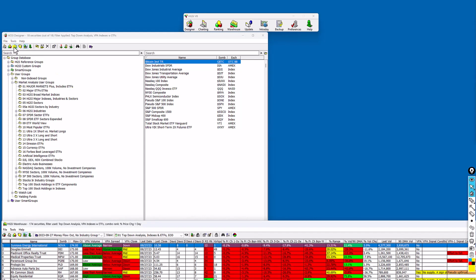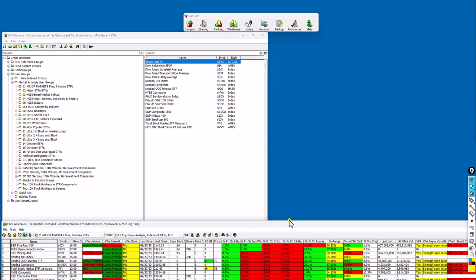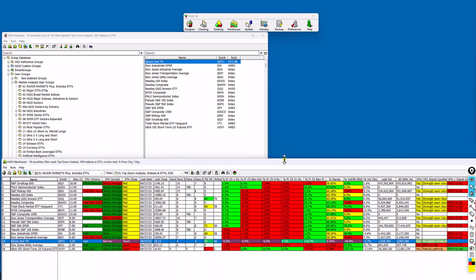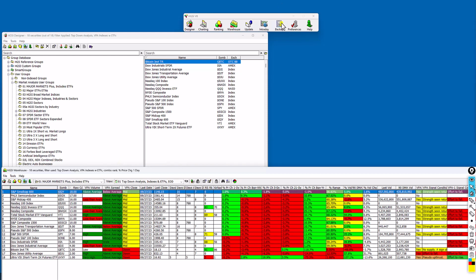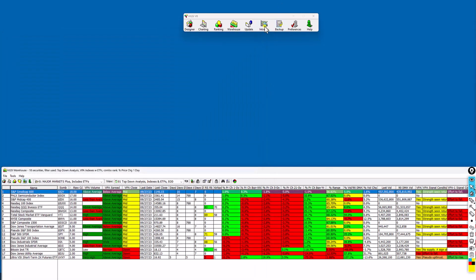I'm going to click through to this, and this is down here at the bottom. I sort on raw combo, and I look at this because I want to see where the strength and the weakness is. And by sorting on raw combo, you can see that the combo rank is a percentage price change one day.